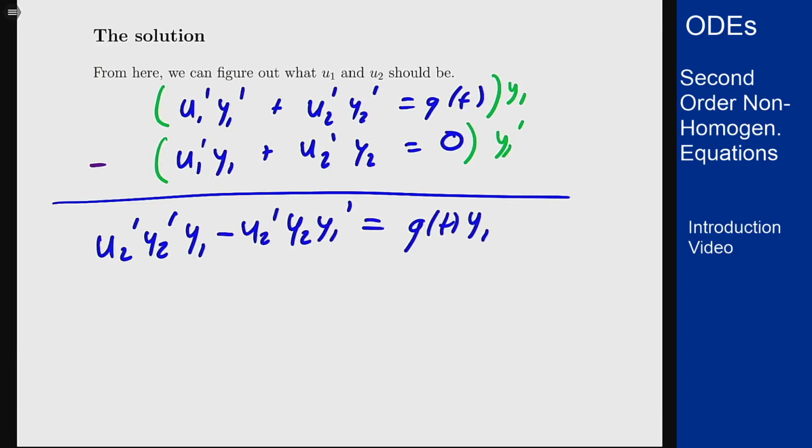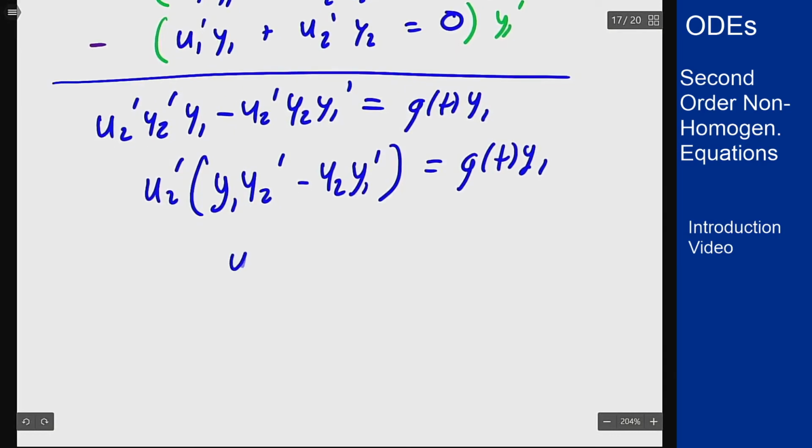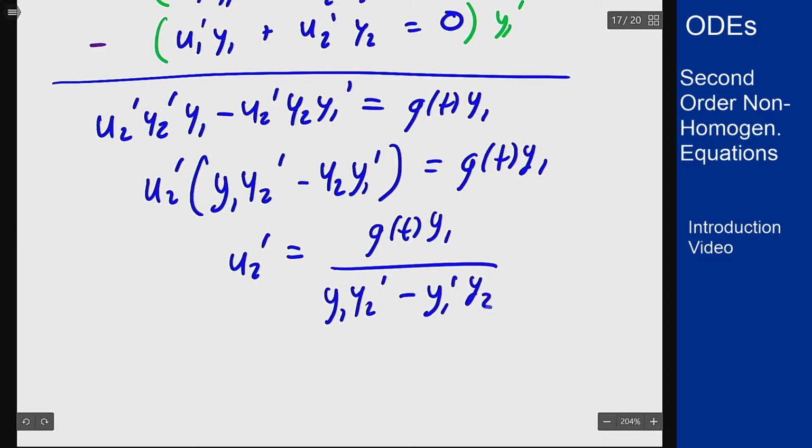I can then factor out a u2 prime here. u2 prime times y1 times y2 prime minus y2 times y1 prime equals g of t times y1. And then I can solve it for u2 prime. u2 prime will just be g of t y1 divided by y1 y2 prime minus y1 prime times y2.